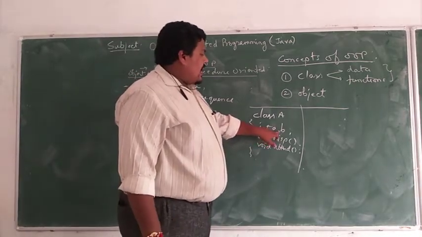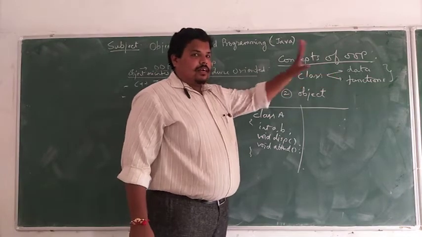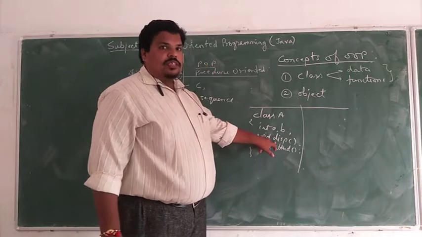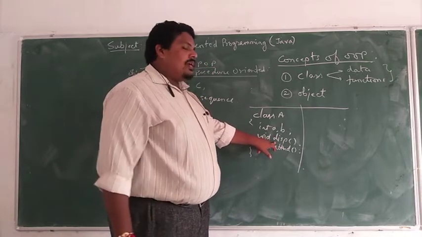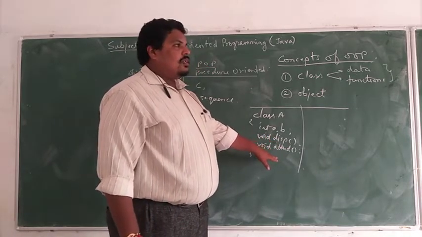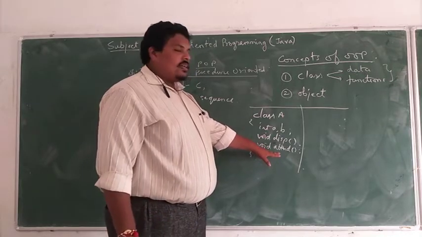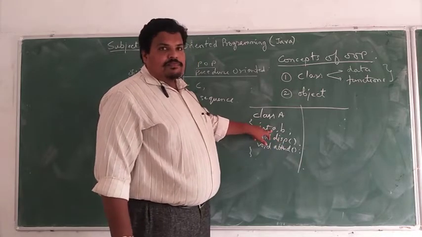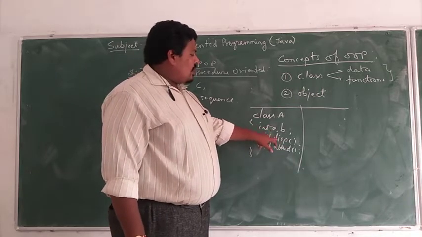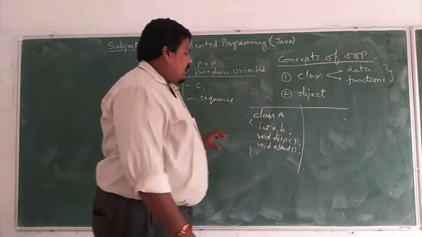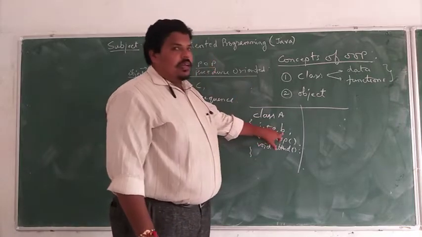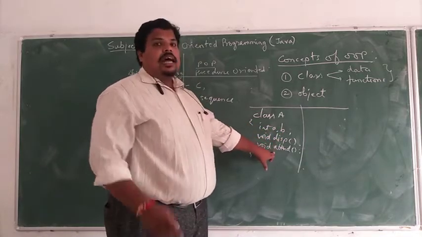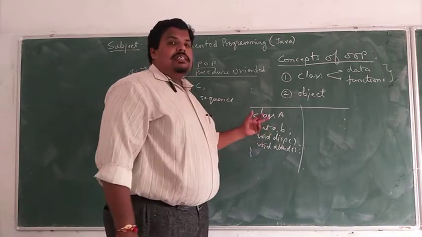That means A and B represent the data. And as we can see in the code, there are two different functions. First is the disp function, used to probably display something. Second is the attend function, used to probably calculate some attendance or so. These are the two functions operating over the same data. A and B are the variables which are storing the data, and disp and attend are the two functions which are operating on the same data.